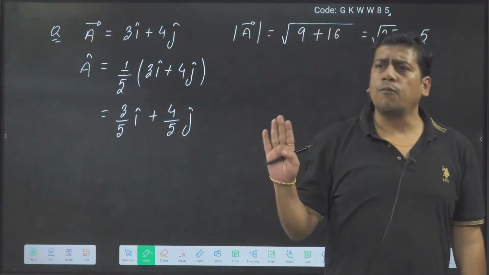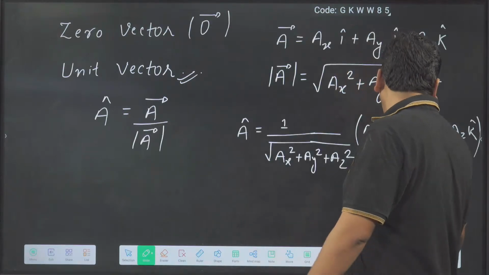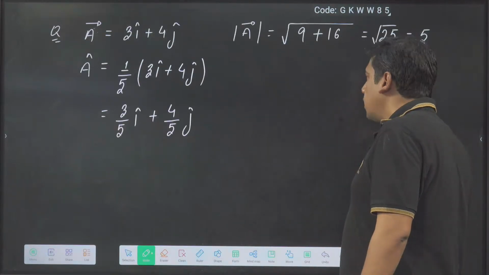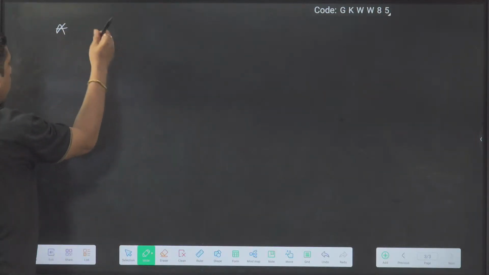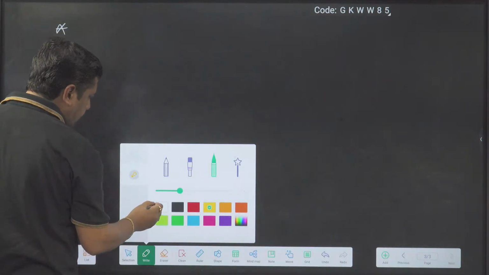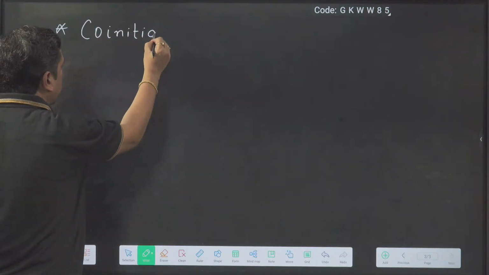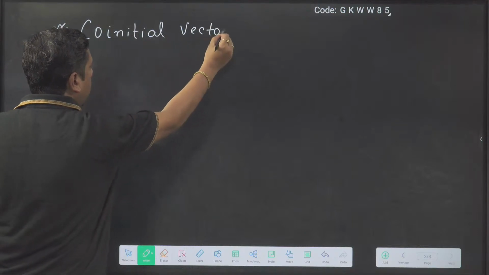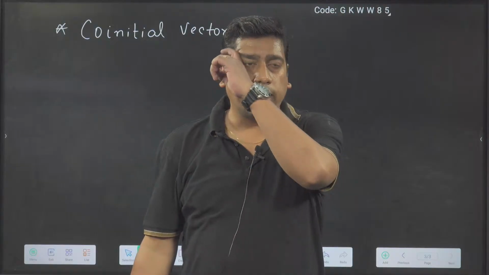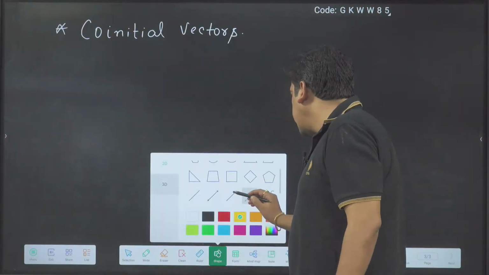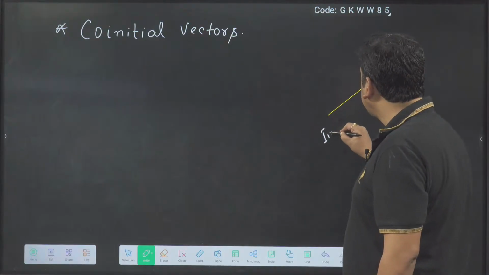We will solve more numericals on this, but after these two types of vector, let me tell you more types of vector. Another type of vector is co-initial vector. As the name suggests, co-initial means the initial. I told you a vector has 2 points, the head and the tail.